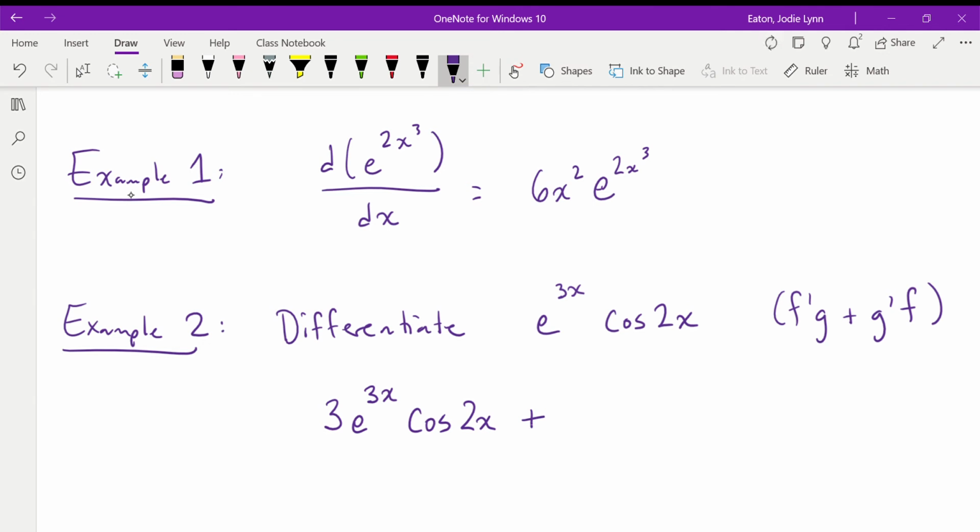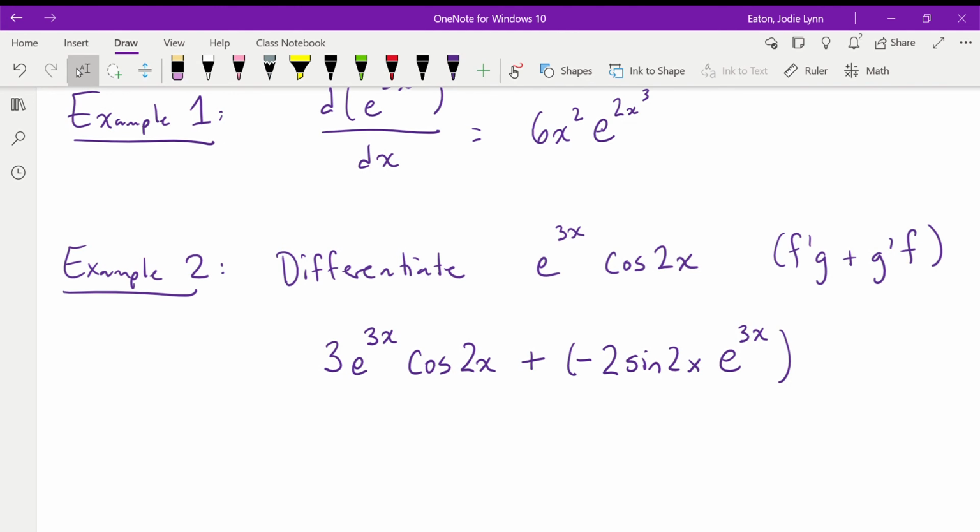That is going to be negative sine 2x times 2, so plus negative 2 sine 2x. So it's the derivative of cos 2x times the inner derivative, which is 2, times f, which is just e to the 3x.